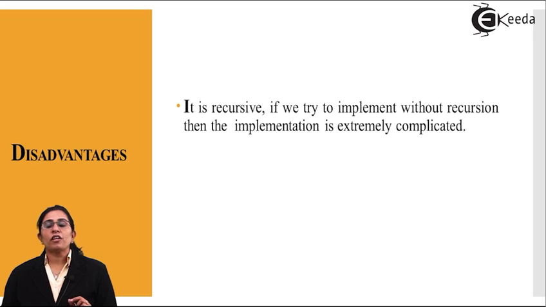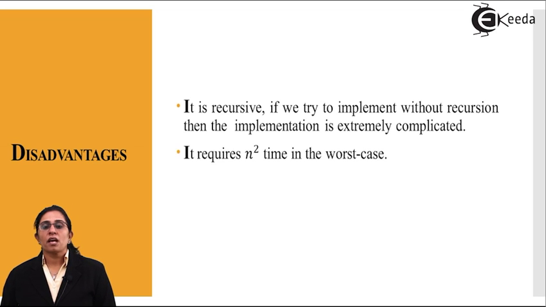So if we try to implement this without recursion, then the implementation becomes extremely complicated. So quick sort has to be implemented using recursion and the divide and conquer strategy.